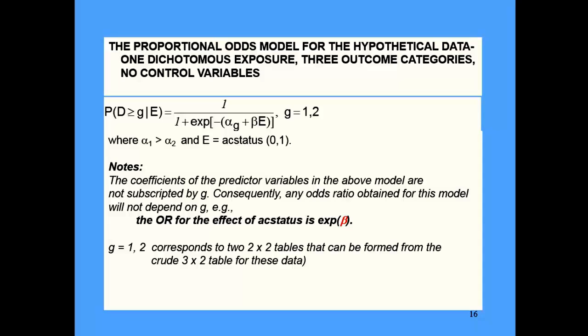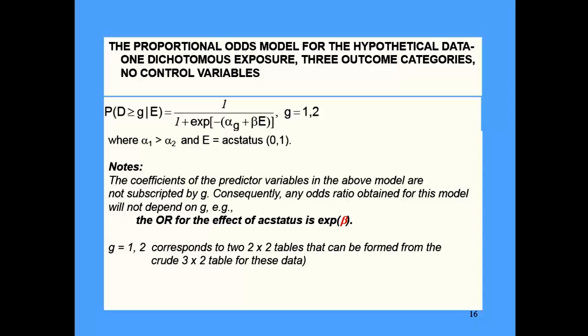What's similar to the original binary logistic regression model is the right-hand side, isn't it? It's 1 over 1 plus e to the minus something, right? That's the formula for binary logistic regression. However, it differs because the intercept has a subscript. When you're doing binary logistic regression, it's just alpha, not alpha sub g, okay?